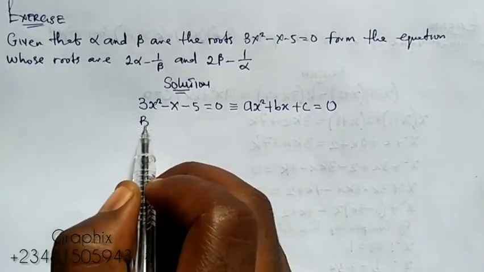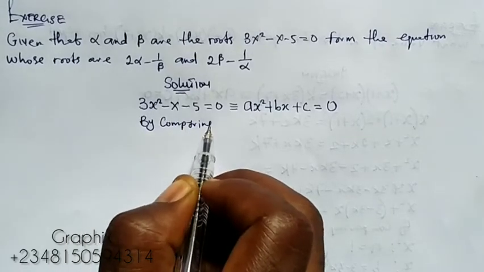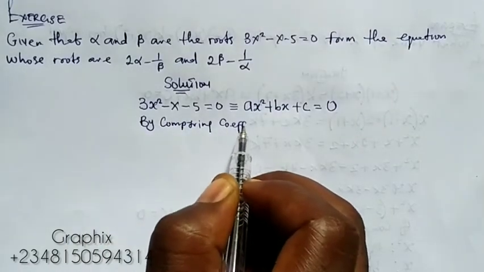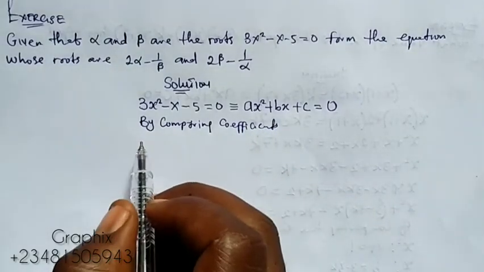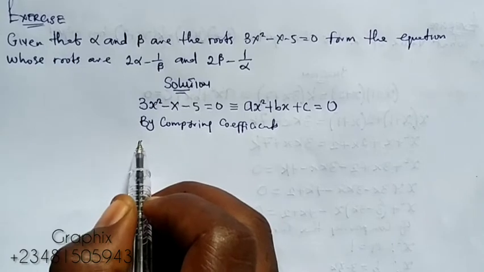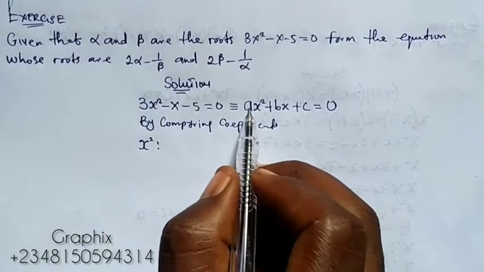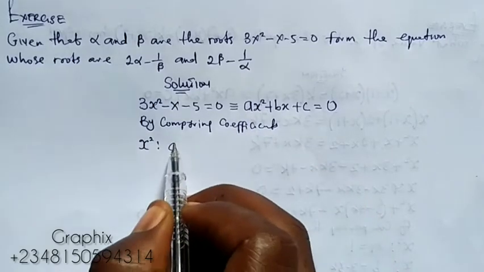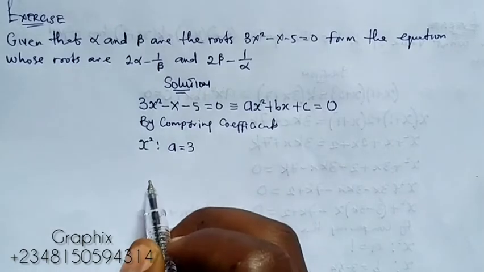Now by comparing coefficients, we find out that the coefficient of x squared is a, and the coefficient of x squared here is 3.